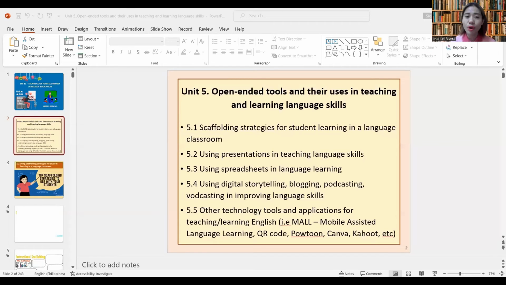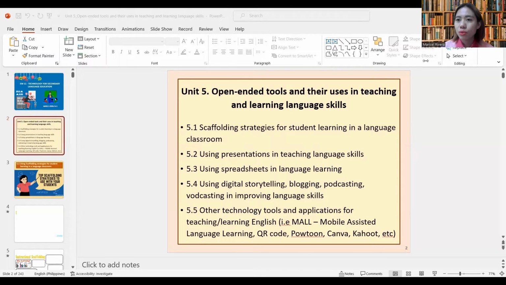In this unit, we're going to be exploring open-ended tools and their uses in teaching and learning language skills. And here, we will be exposed to a lot more tools or resources that we can find online and basically utilize so that we can assure that our teaching is technology integrated.